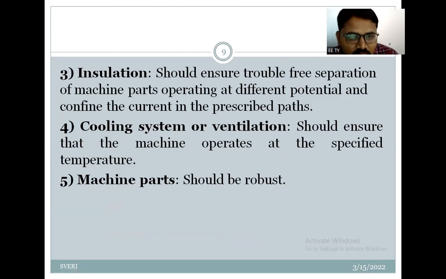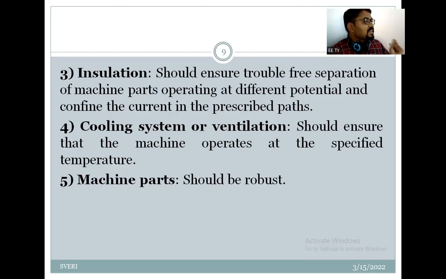Can anybody justify that? If you don't provide proper insulation to your winding, obviously there may be chances that the winding will short circuit and it will lead to damage of that particular electrical machine. So for proper functioning of the machine, proper insulation of each winding is necessary.